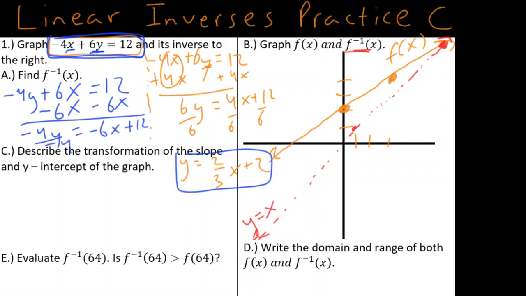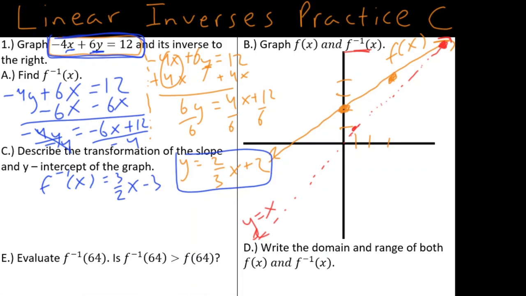And of course, from here, I can divide everything by negative 4. Now, notice that my y becomes f inverse of x, which of course equals negative 6 divided by negative 4 becomes a positive 3 over 2x, and 12 divided by negative 4 is of course negative 3.